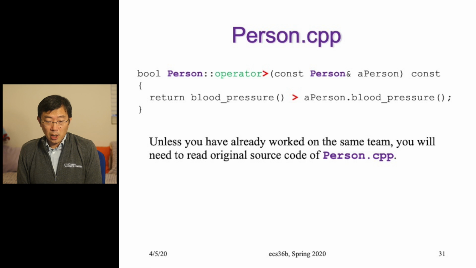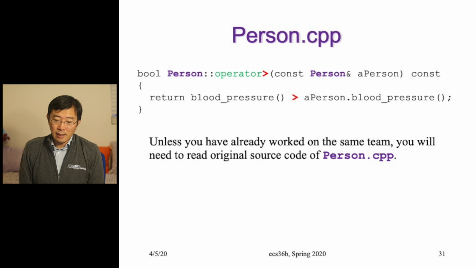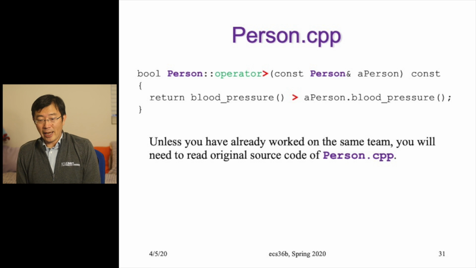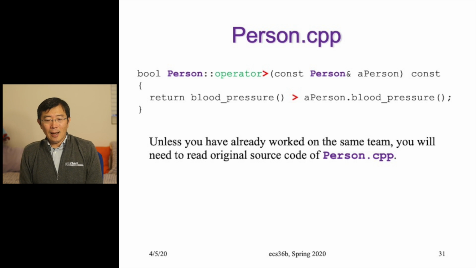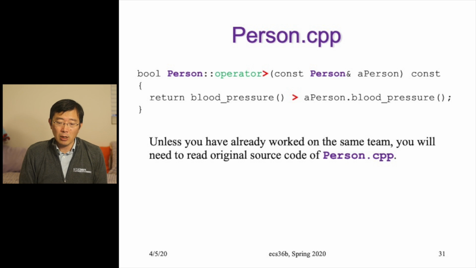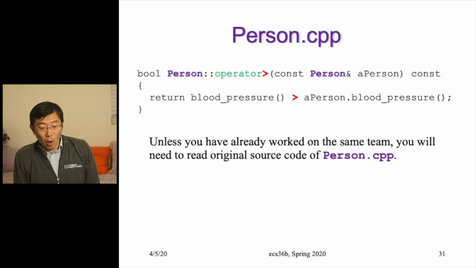They compare the blood pressure of person 1, whether it's greater than the other person's blood pressure. Essentially, this kind of knowledge is hard to get unless you already work on the same software development team with people who wrote this piece of code, or you have to read the original source code, person.cpp.